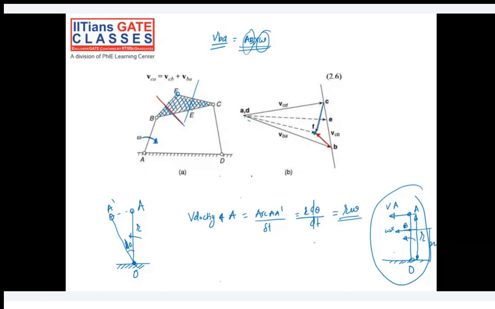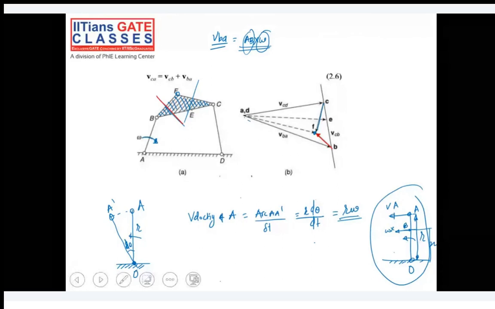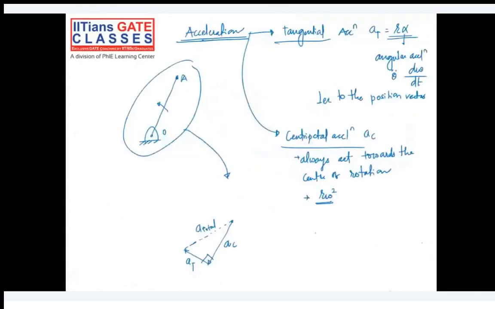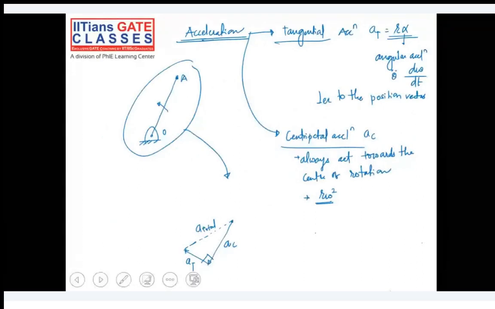And then we understood how we will be able to draw the velocity diagram in the case of a linkage or mechanism. Then I also gave you how the velocity diagram will look in the case of a slider crank chain. Then we understood the basic knowledge about acceleration, like what are the different types of accelerations we have: tangential and centripetal acceleration.